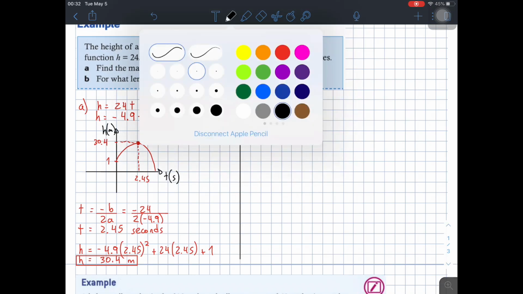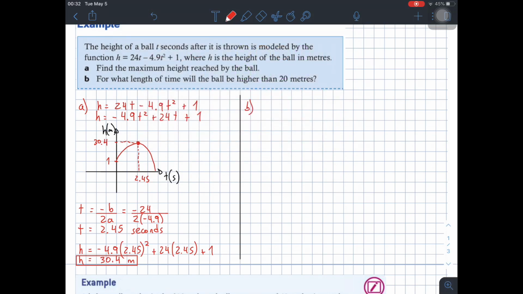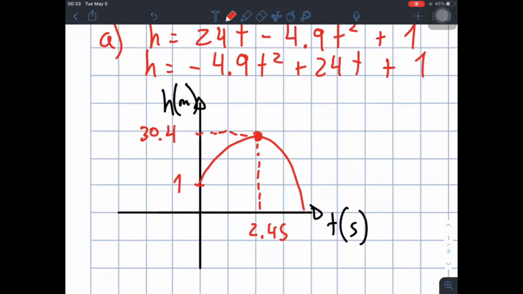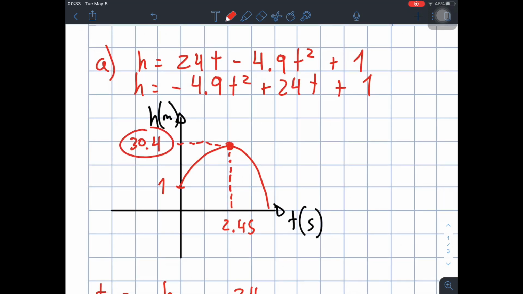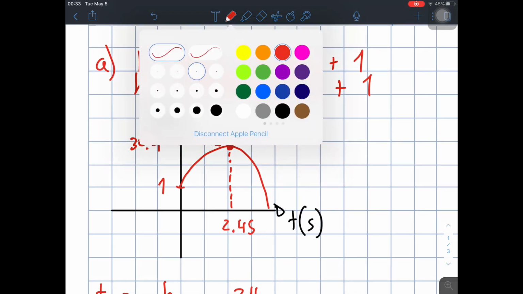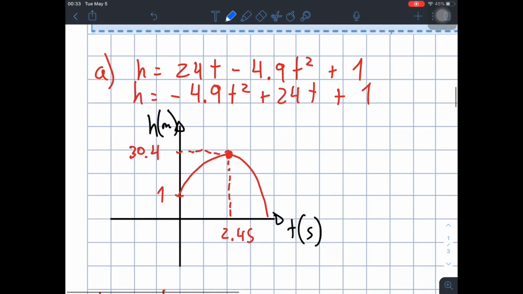For part B, it says, for what length of time will the ball be higher than 20 meters? Okay, so if you look at this situation over here, we know that the maximum height is 30.4, okay? So 20 meters should be a value somewhere around here, maybe, right?